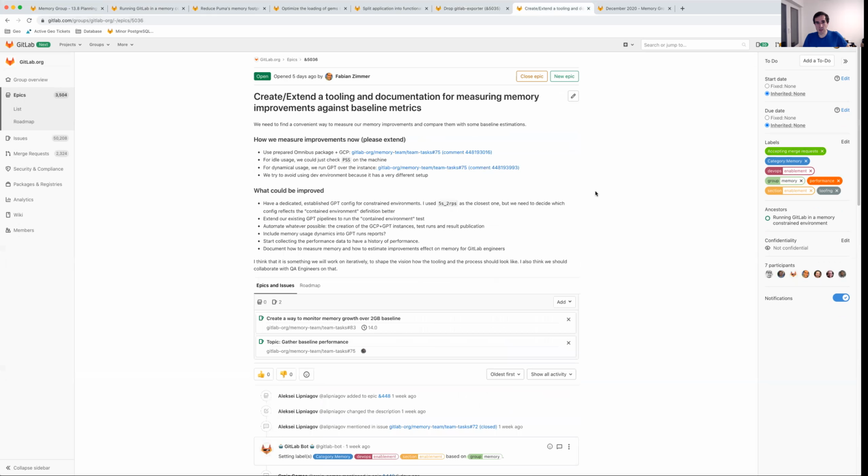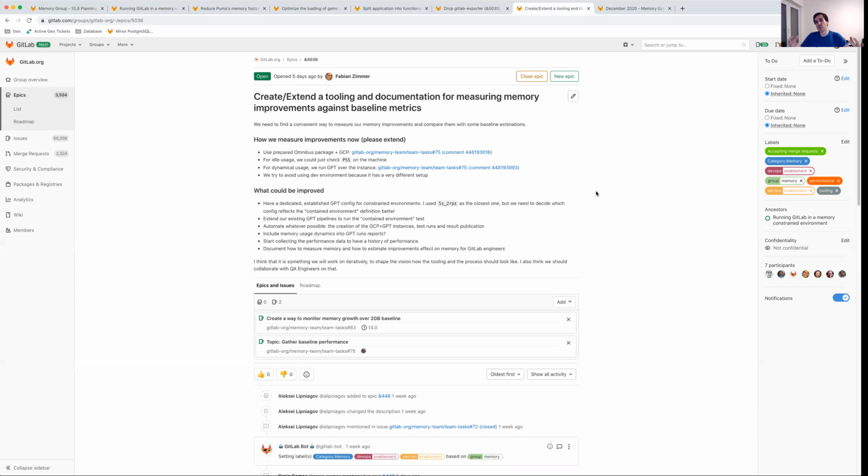Finally, there's always a question of how we actually measure the memory improvements against the baseline metrics. The important thing to know is that this is an ongoing effort. We are continuing to discuss how we do this best in 13.8 to understand the impact that we're making.